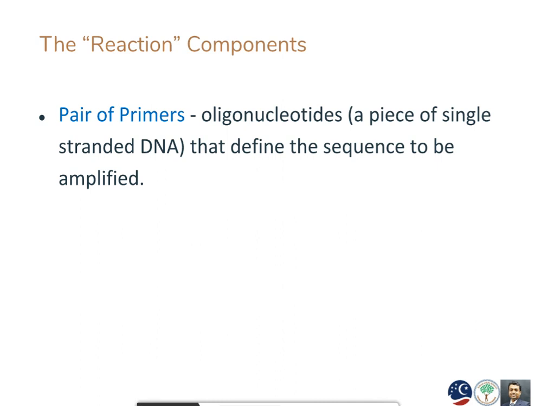Remember, our own DNA is always double-stranded, but in these reactions, we will be using single-stranded DNA as primers. The length of primers usually ranges between 18 and 35 bases. These primers are also used to define the sequence to be amplified from our target DNA.